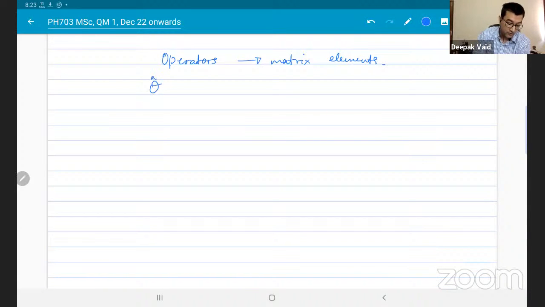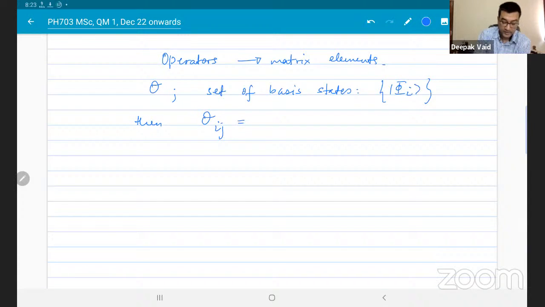So if you have some operator O and you have some set of basis states for your Hilbert space, phi i, then you say that this operator has matrix elements Oij, which are given by phi i O phi j. And if you know all the matrix elements, then that means you know the operator.